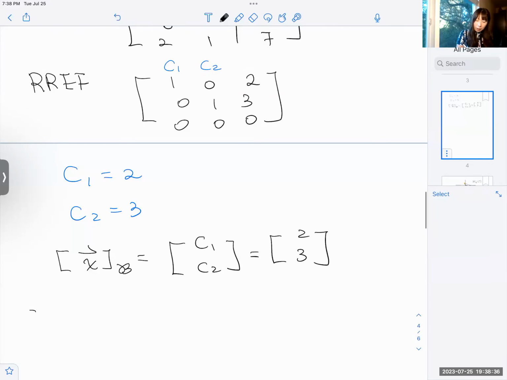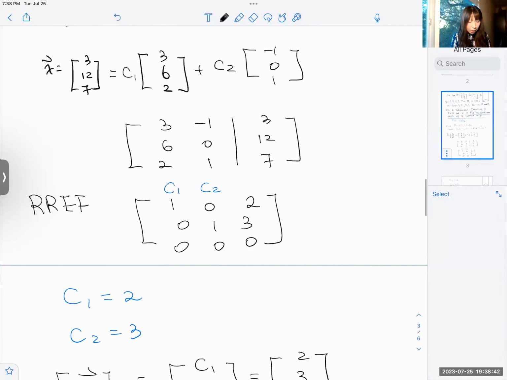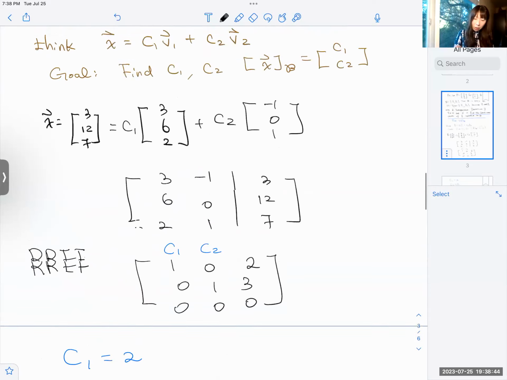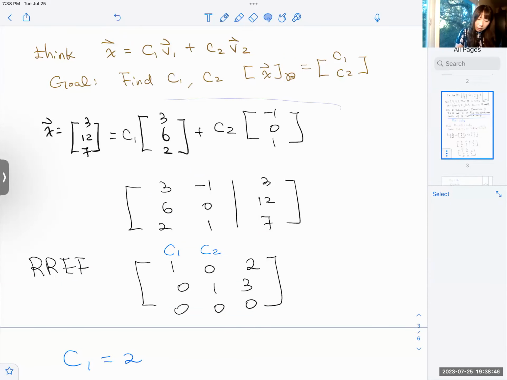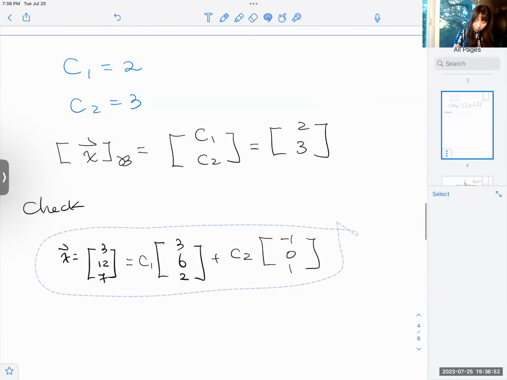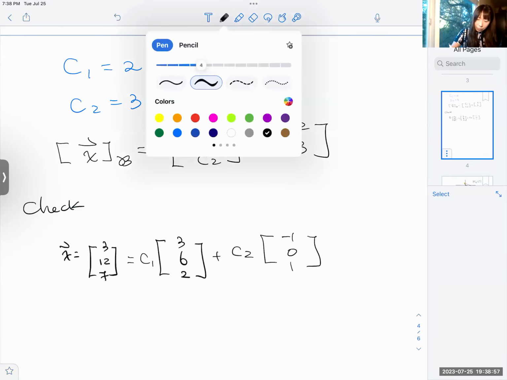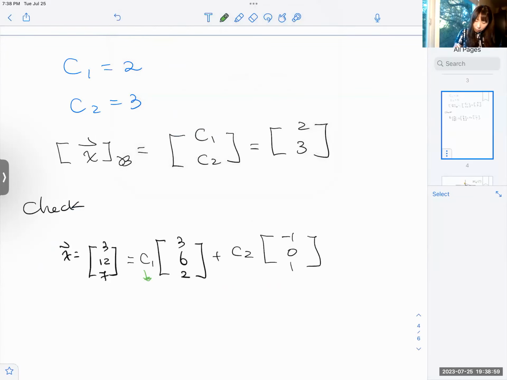Then we check it out. So we have 3, okay, so how about this? Check everything like this. Two, 3.